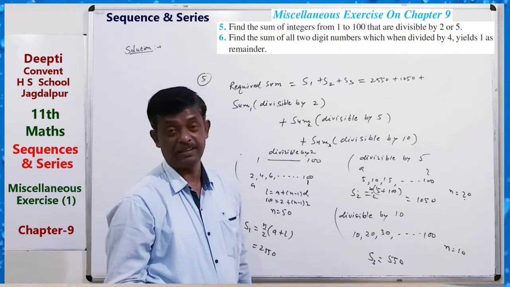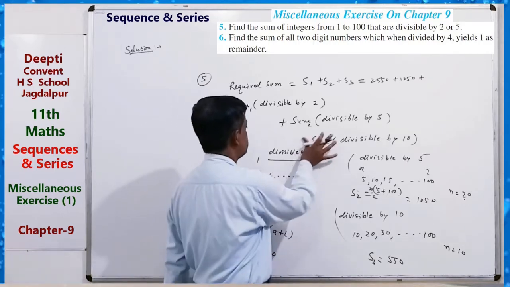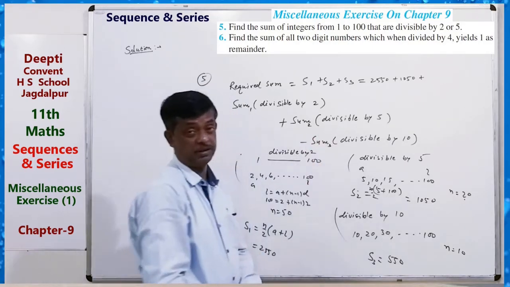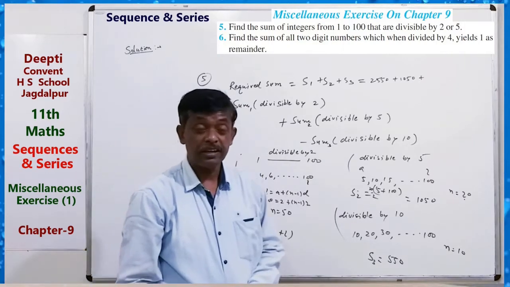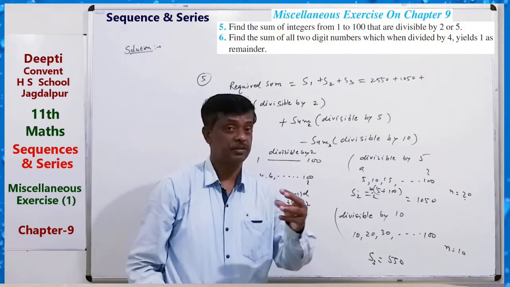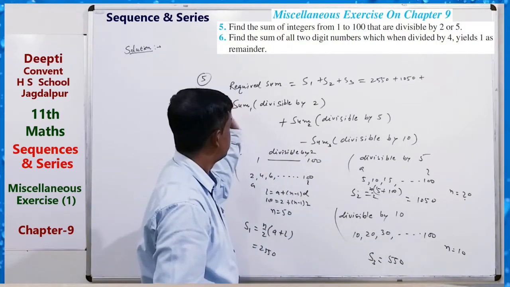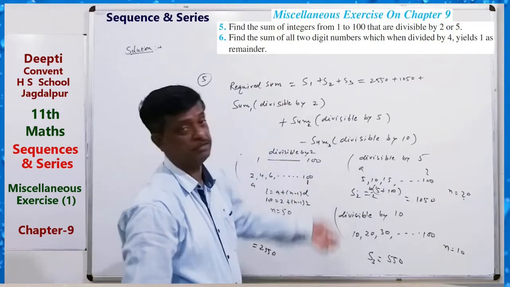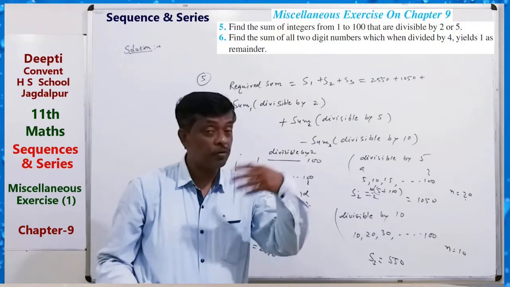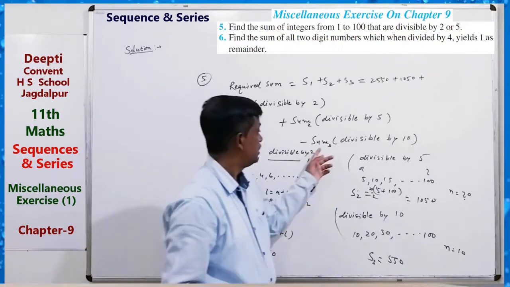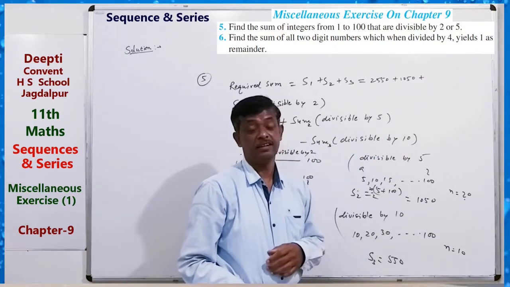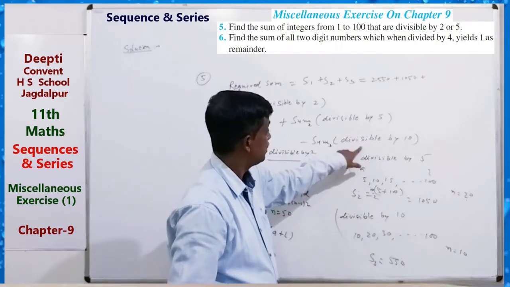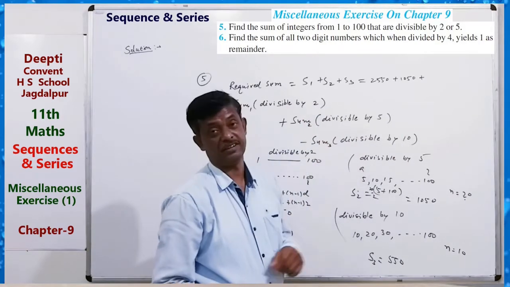Here the main thing is that it is not plus, this is minus, because we require the sum of numbers divisible by 2 or 5. So the sum of numbers divisible by 10 is included here, and also here.